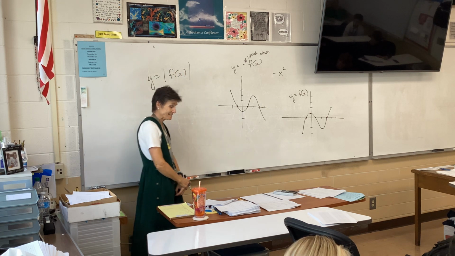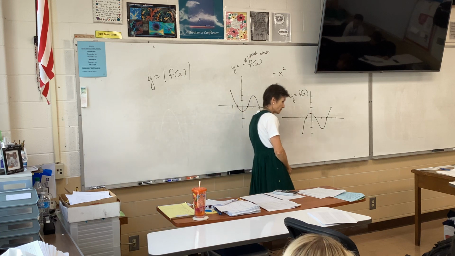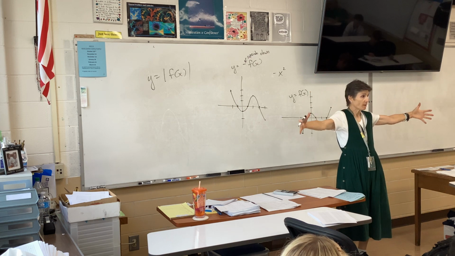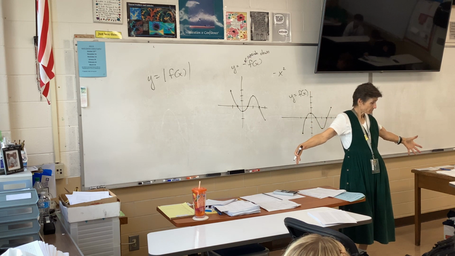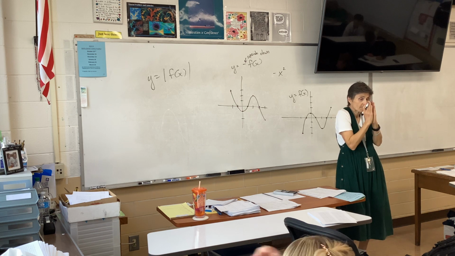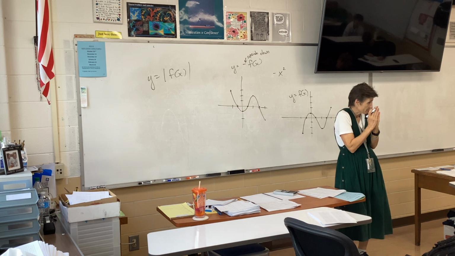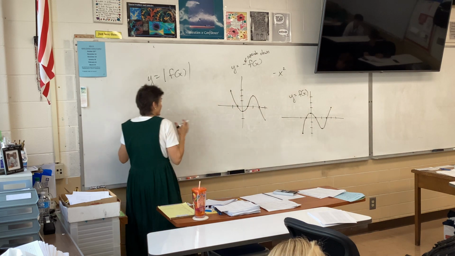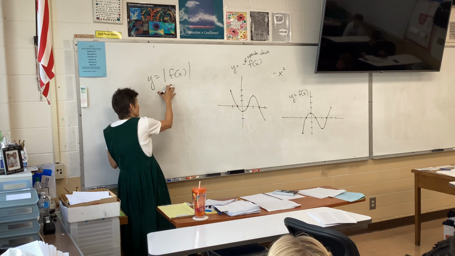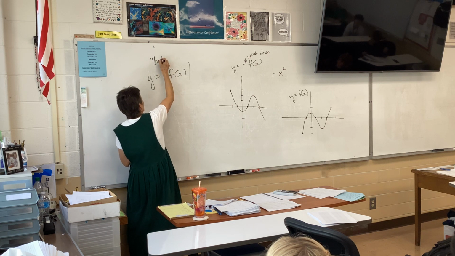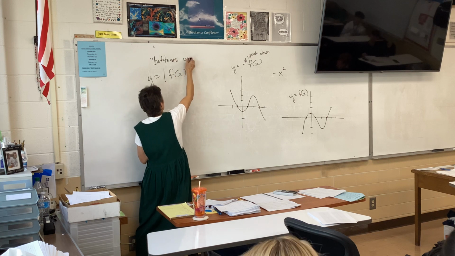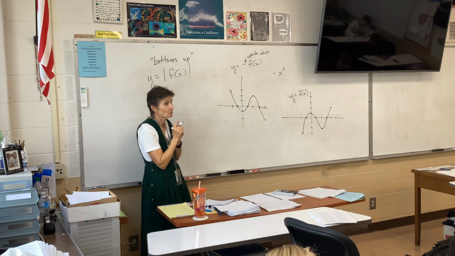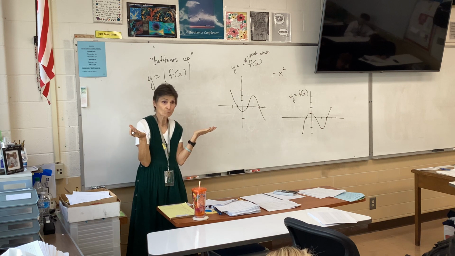Look at problems D and E. Do you see how they're different? D is the absolute value of the whole thing, and E is just the absolute value of x. You can think of this any way you want. I like to think about the absolute value of the whole thing as bottoms up. Because when you take the absolute value of positive things, they don't change.